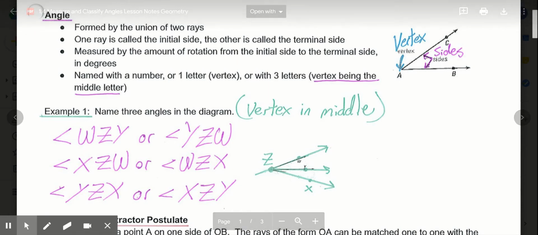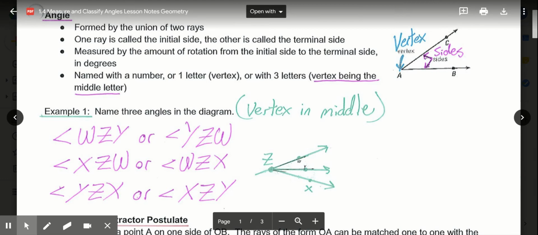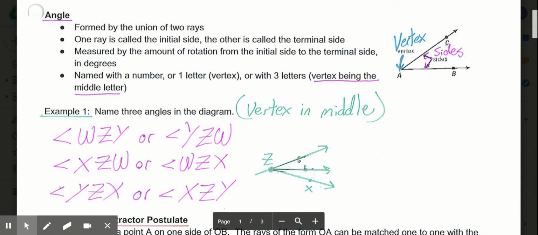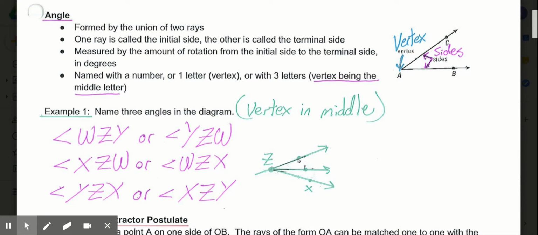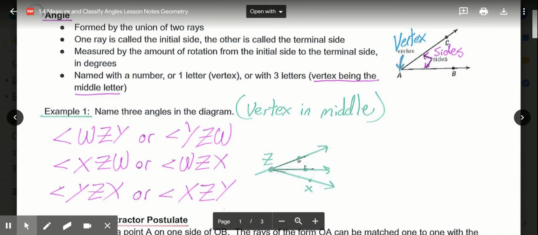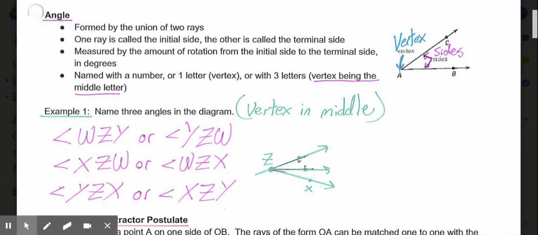Another angle is XZW, from X to Z to W, or WZX. So we can name it either way, it's the same angle. And then our final angle in the diagram would be angle YZX or XZY, as long as that vertex of Z is in the middle. So we have the 3 different angles.